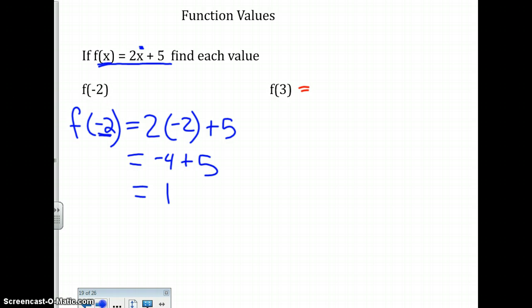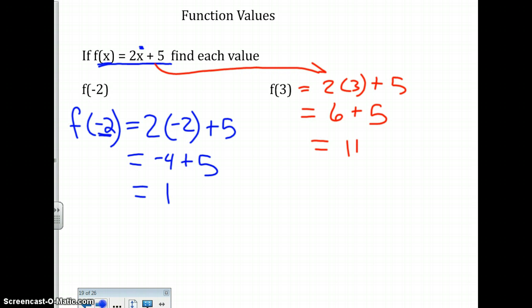So now I'm going to find the function of 3. So we use this equation again, 2 times 3 plus 5. And that's going to equal 6 plus 5, or 11.